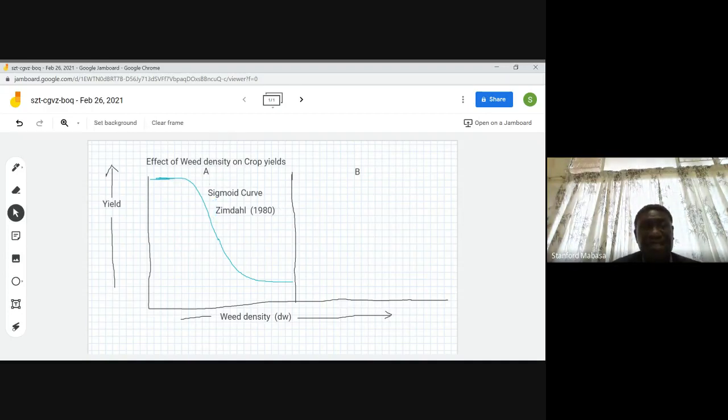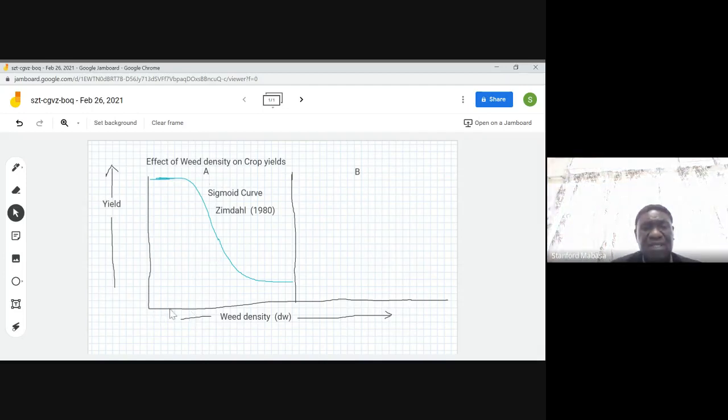So what they said was that if you increase weed density, at first, when you have low weed density, the yield doesn't seem to decrease until you reach a certain point.